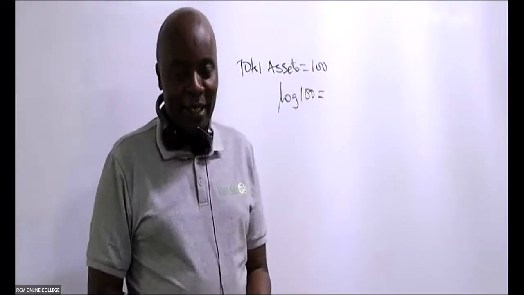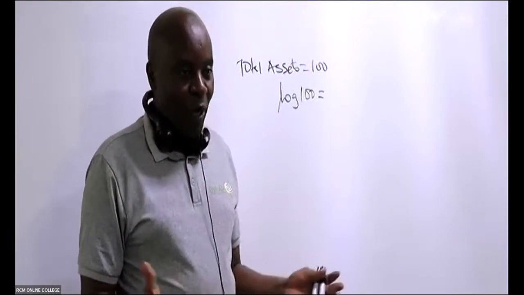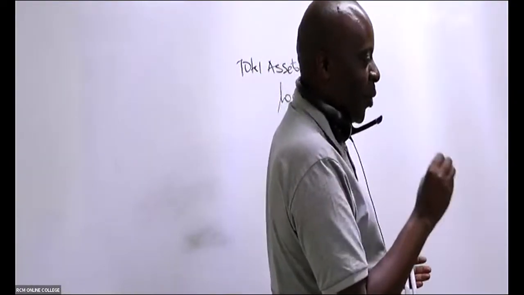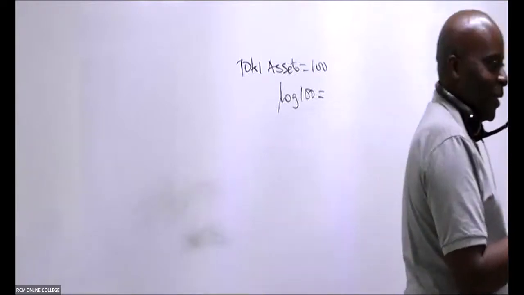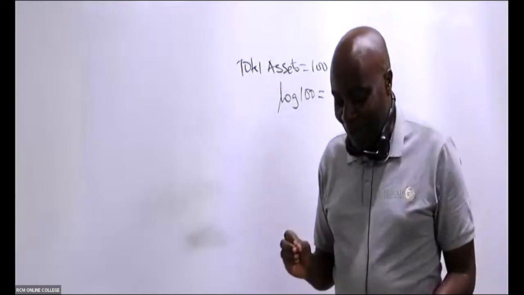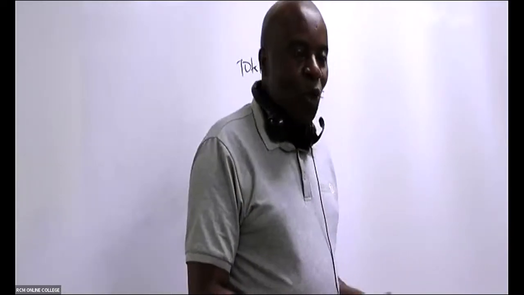Punch in your calculator there. Logarithm of 100. It's 2, eh? I hope you're able to see the logarithm. Don't tell me that the last time you saw logarithm was when you were in high school. So that should not scare you at all, because you'll simply follow the rules.